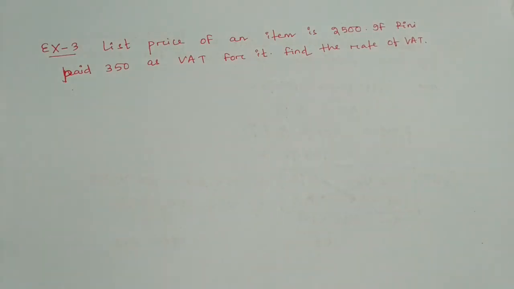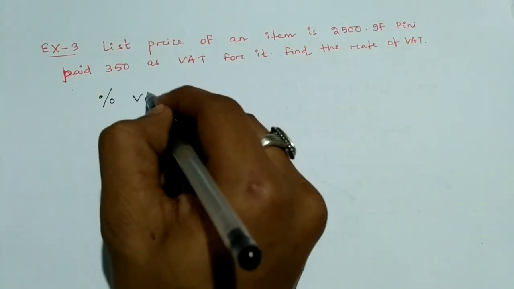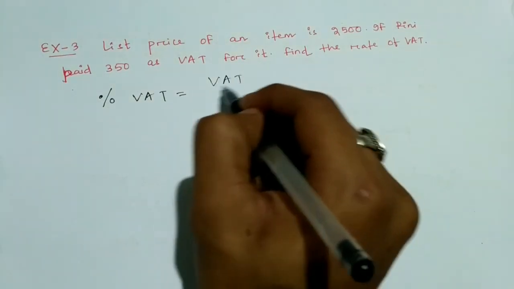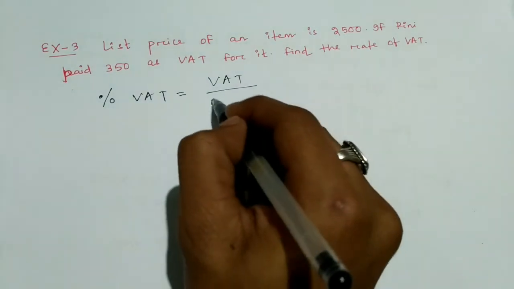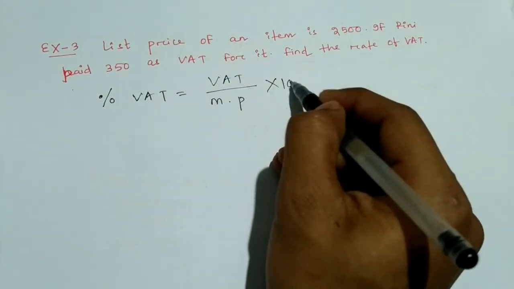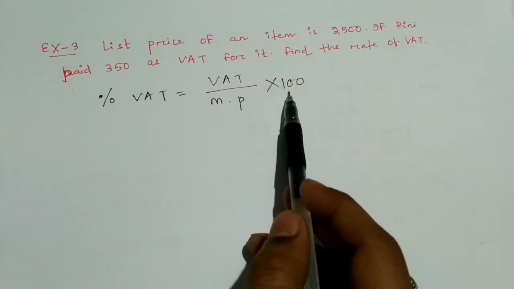So as you know, VAT is calculated upon the list price. So percentage VAT can be written as VAT divided by the mark price or the list price, you can say, multiplied with 100. So I think all the values are given here.